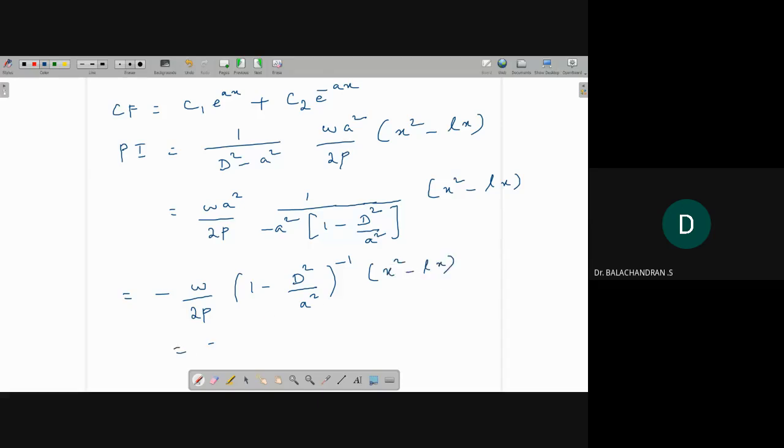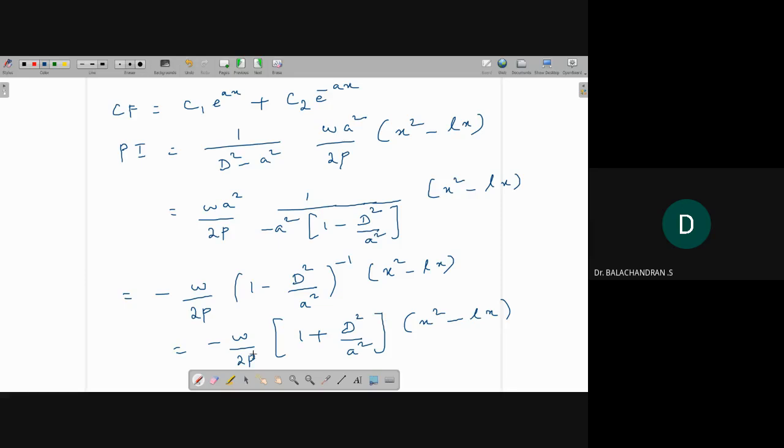So which is equal to minus omega by 2p into 1 plus D square by a square is enough. I don't need the next term, x square minus lx.